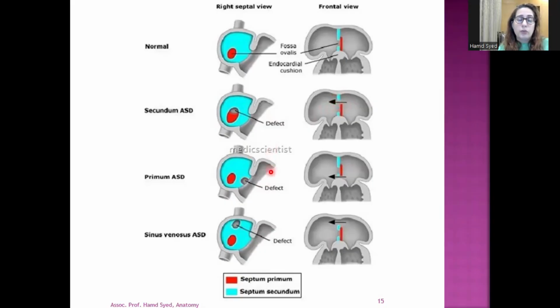Then the less common type is the atrial septal defect due to the ostium primum, in which the endocardial cushions fail to fuse with the septum primum. You can see this in the lower part of the interatrial septum. And then the uppermost part of the atrial septum can also have a defect or a gap, and that is known as the sinus venosus ASD, which is a less common variant.